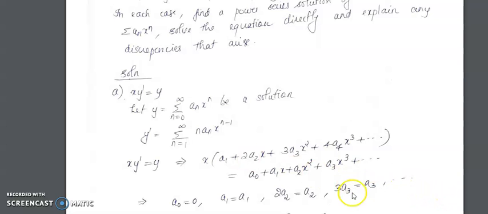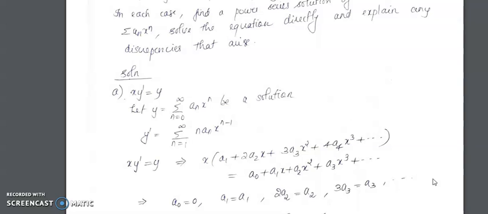Okay. So when you solve these equations, you will get a0 equal to 0. a1 will remain the same. You are not getting a value for a1. Then from the third equation you will get a2 equal to 0, a3 equal to 0, and so on. All the other values, a4, a5, a6 and so on, are going to be 0.